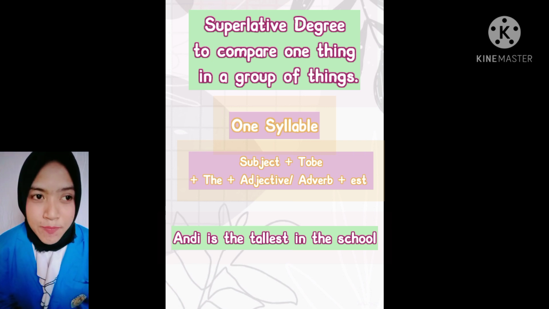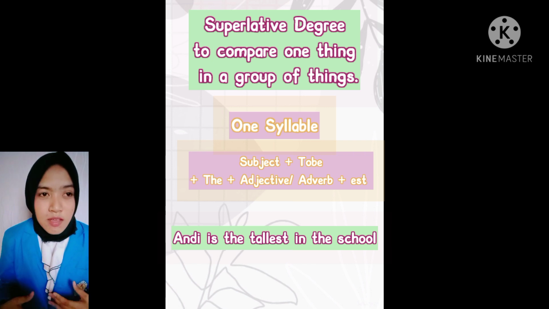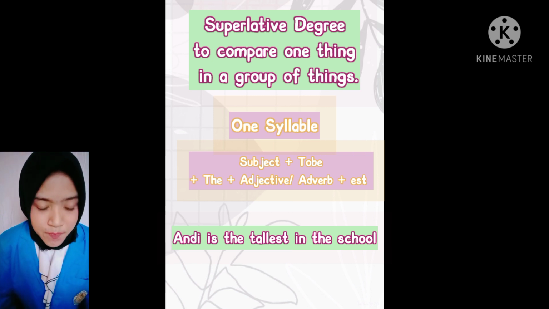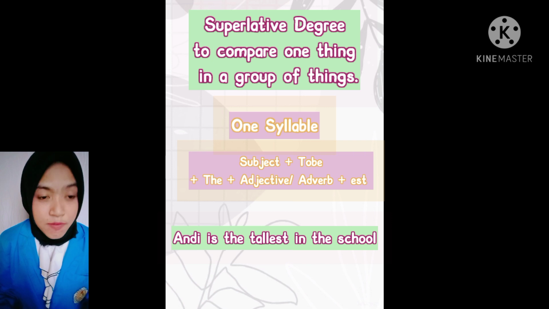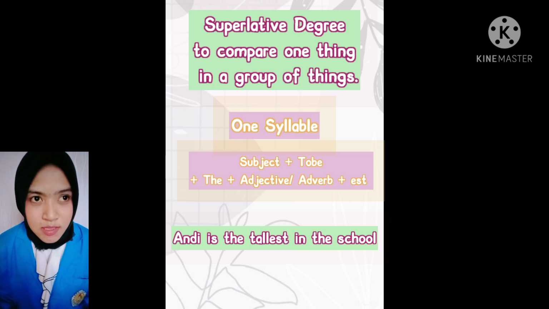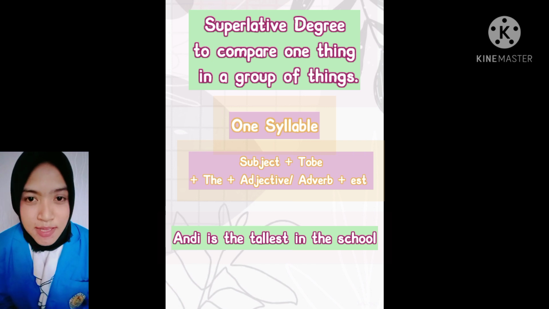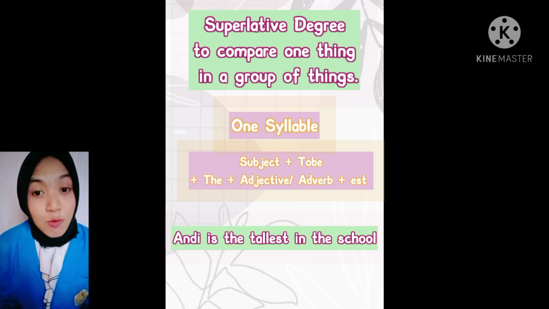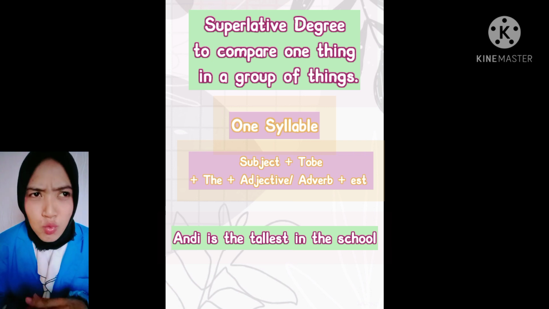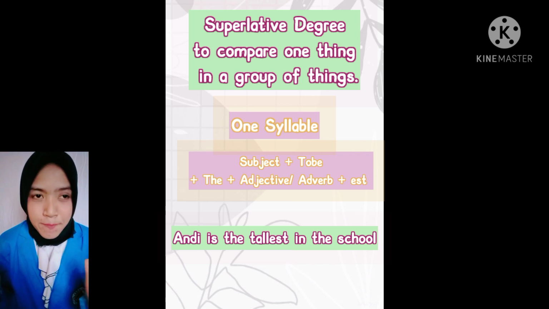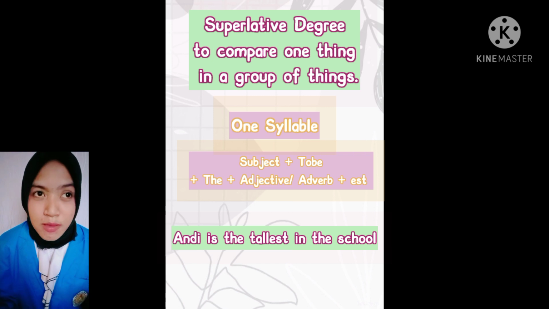For example, Andi is tallest. Andi is the tallest in the school. Okay, so it compare one thing to all, or more than one.